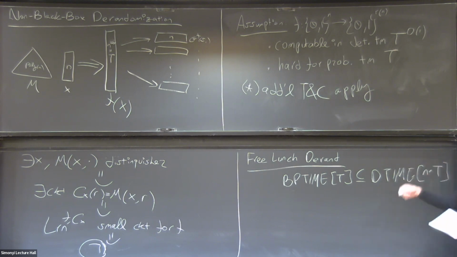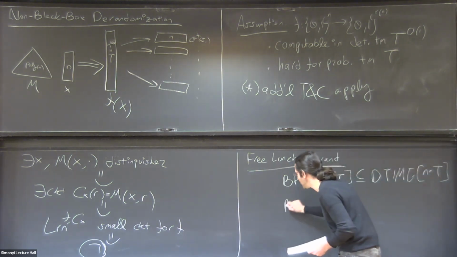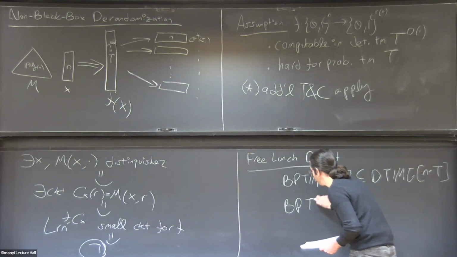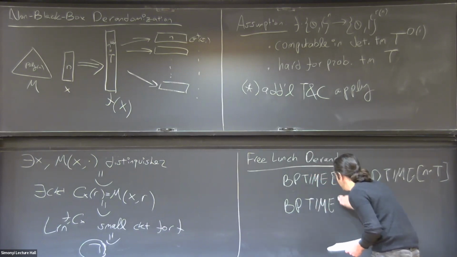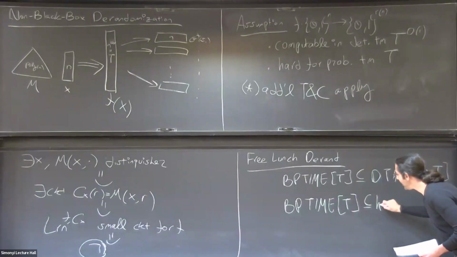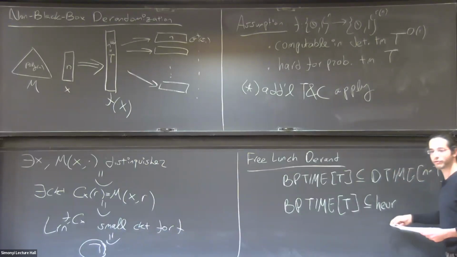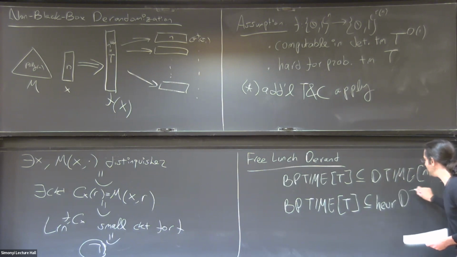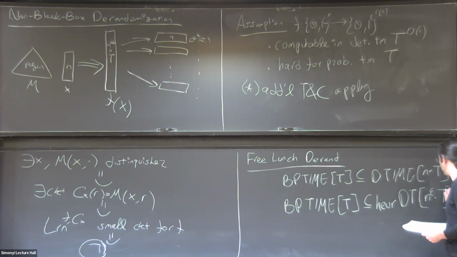And I mentioned that today we're going to bypass this lower bound, this impossibility, and we are going to see something like this. Probabilistic time T is contained, on average with respect to a notion of average case that is very strong and that I'll talk about, in deterministic time n^epsilon times t, where epsilon can be as small as you want.